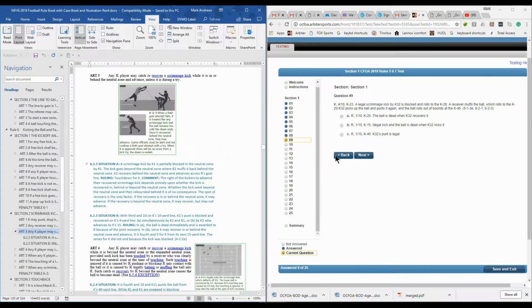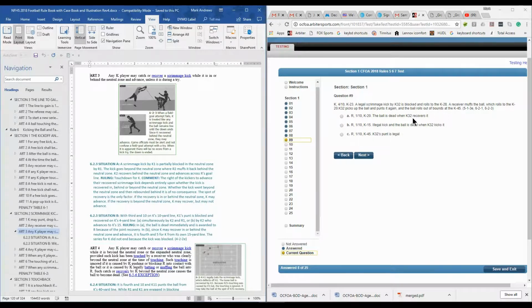All right, question number 9. K, 4th and 10 at the K23. A legal scrimmage kick by K32 is blocked and rolls to the K28. So it's still behind the line of scrimmage. A receiver muffs the ball, which rolls to the K20. K32 picks up the ball and punts it again, and the ball rolls out of bounds at the K45.